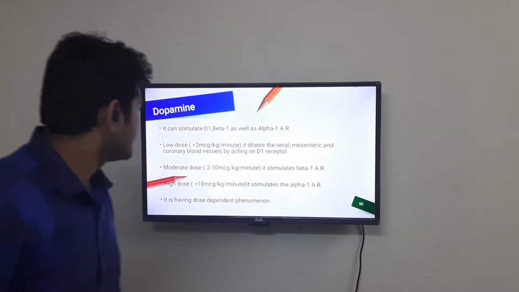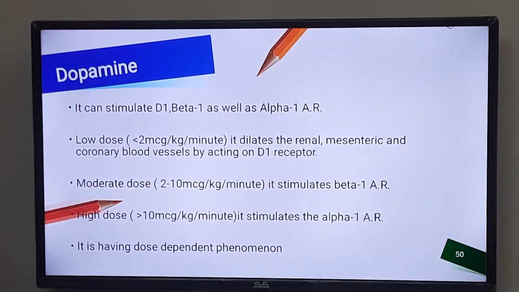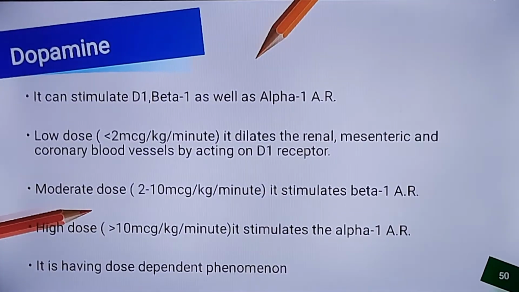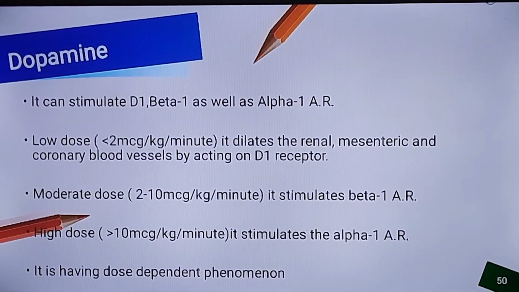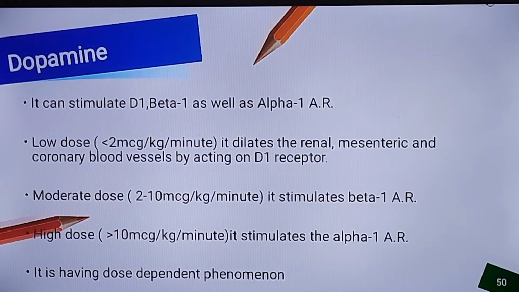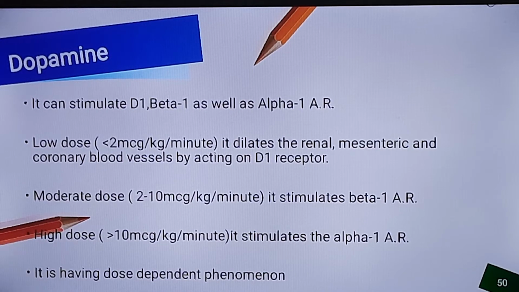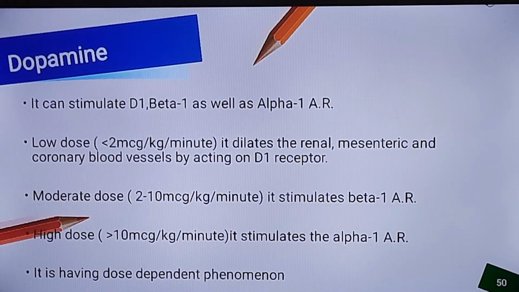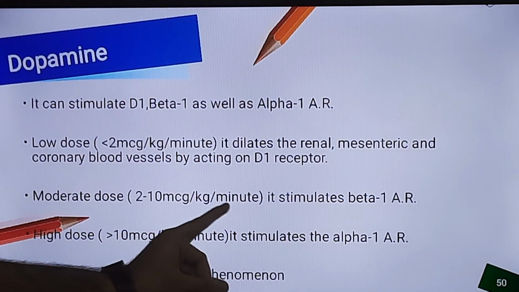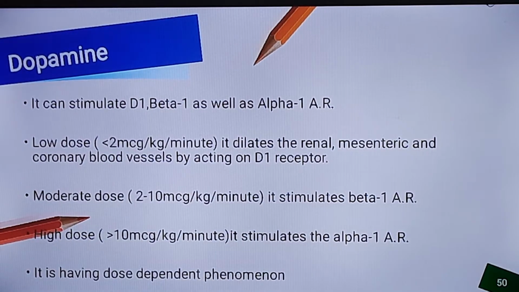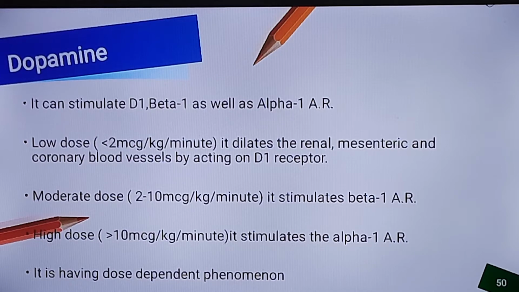Remember that. Now, when we give this dopamine in high dose, that is greater than 10 microgram per kg body weight per minute, it gets an add-on quality to also stimulate our alpha-1 adrenergic receptor.